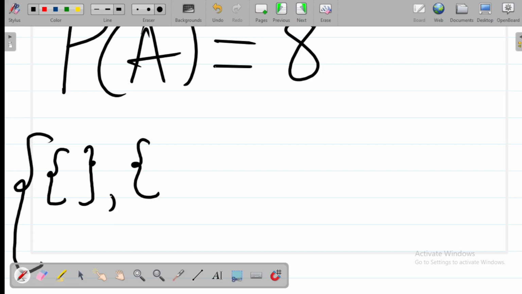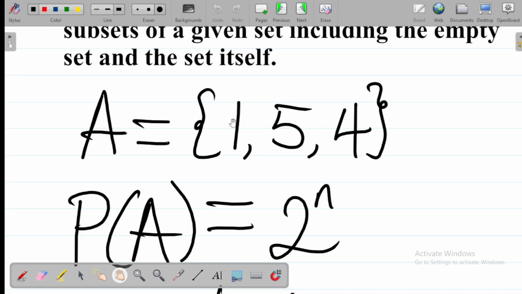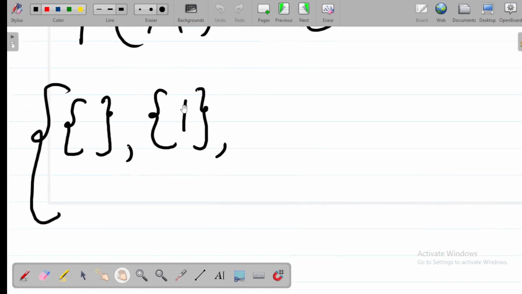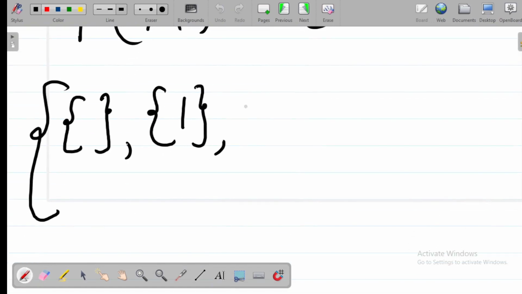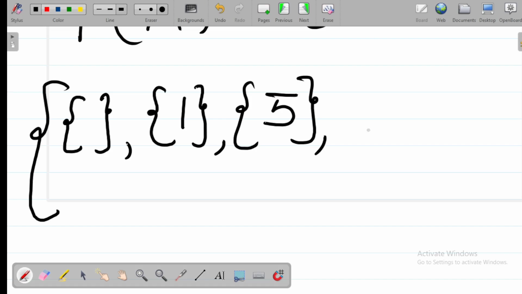The first element in set A is 1, so you close bracket. What's the second element in set A? Remember, set A is equal to 1, 5, and 4. So we are going to write all these elements individually. We've written 1. The next one is 5, and then comma. The next element in set A is 4.